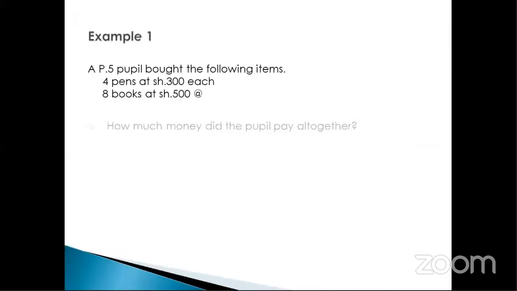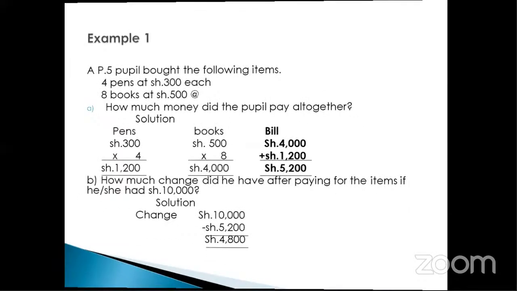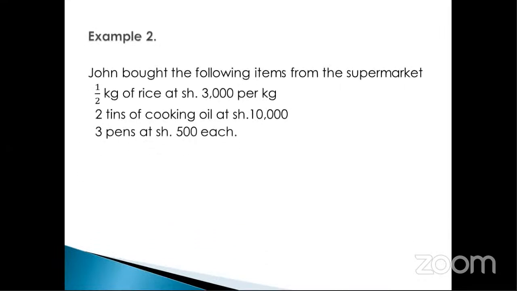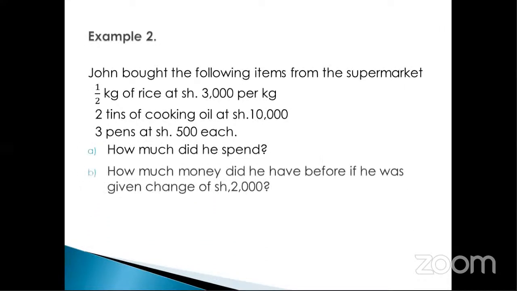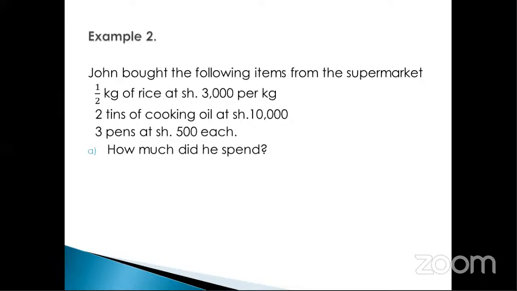So let's go straight to our second example that I was trying to explain. Now in this second example, I was explaining 2 tins of cooking oil at 10,000. Remember, they just said 10,000. They did not say each tin. They did not say per tin 10,000.